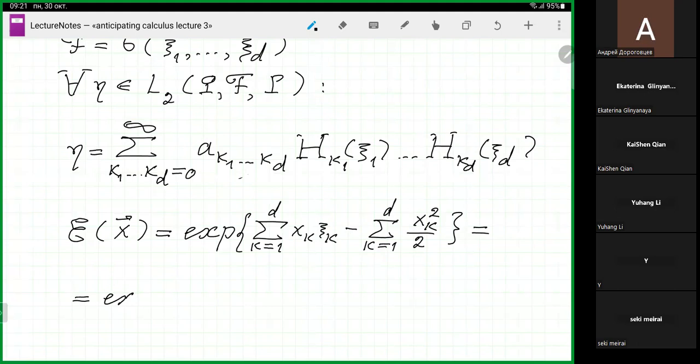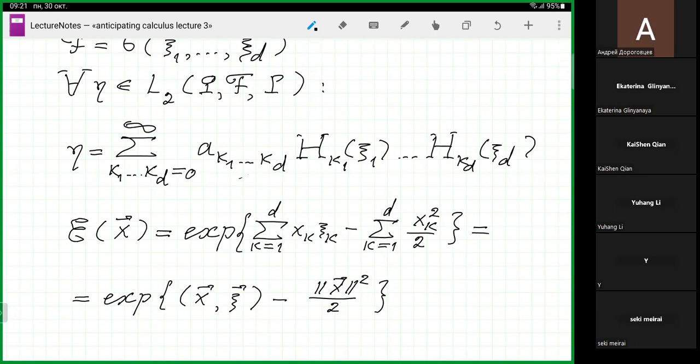So it is equal to exponent of the scalar product (x, xi) minus norm of x squared over 2. Here I use the Euclidean scalar product and Euclidean norm in R^d.